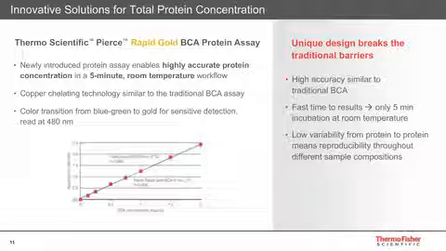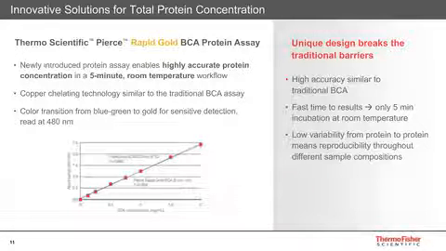Like I mentioned, BCA is our most popular assay. However, results take up to 30 minutes to obtain, and in addition to that, the reaction needs to be heated at 37 degrees centigrade. With this new product, the same results can be obtained at room temperature in just 5 minutes.